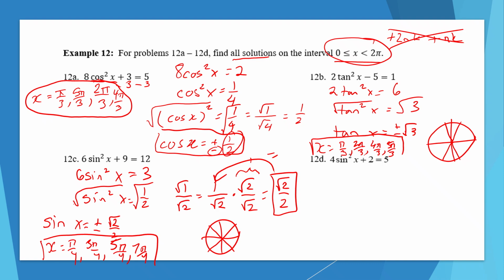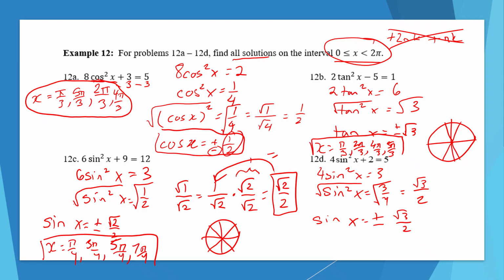12d, here we have 4 sine squared x equals 3. Divide both sides by 4 now. And then take the square root of both sides. Here you're going to get sine x equals plus or minus, and then this is root 3 over root 4, which is 2. So plus or minus square root 3 over 2. This is going to be at another 60-degree reference angle.